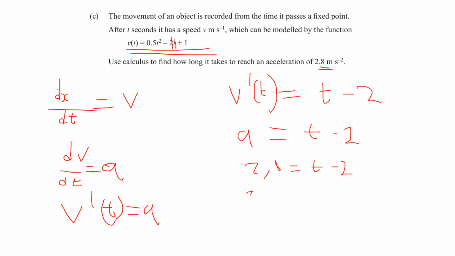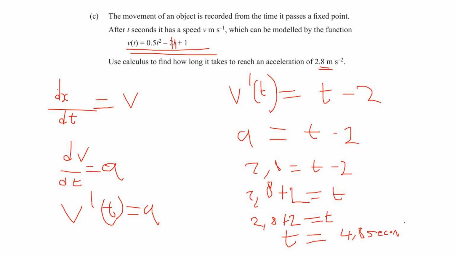So 2.8 plus 2 is equal to t. Therefore, t is equal to 4.8 seconds. Don't forget the units. Don't ever forget the units. Seconds.